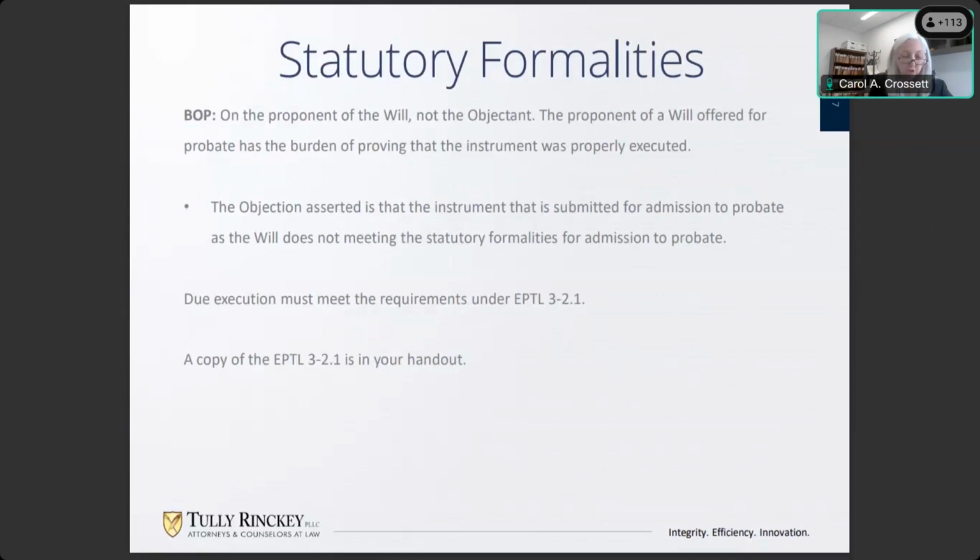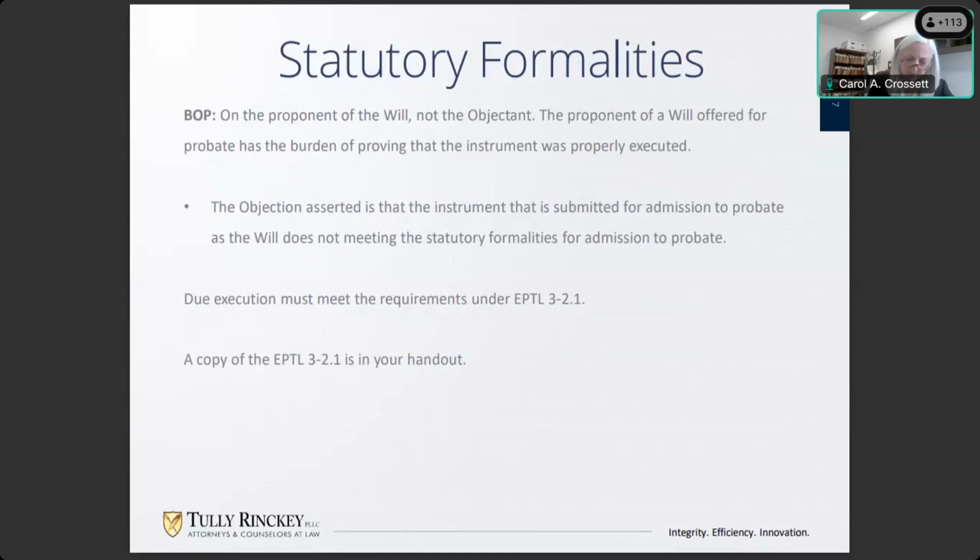And I think, with the statutory formalities, you look at the will, and sometimes this particular objection is not raised because they are obviously met, and you can't overcome the inferences, because once those inferences are raised, there would have to be evidence showing that somehow they weren't.